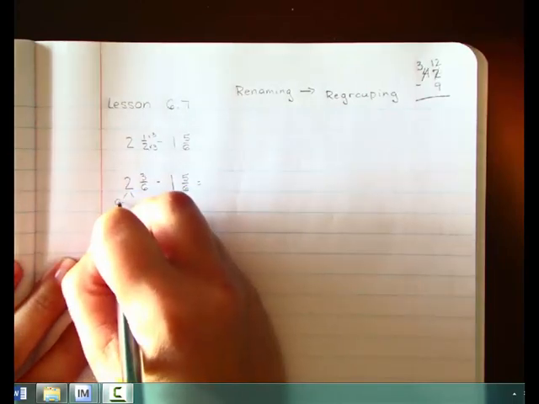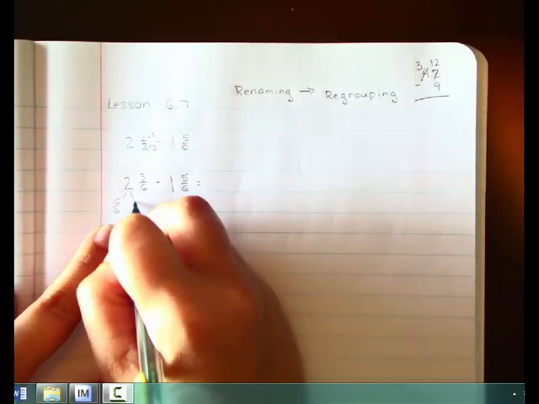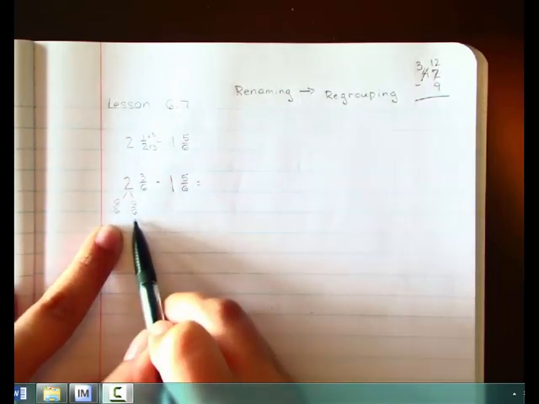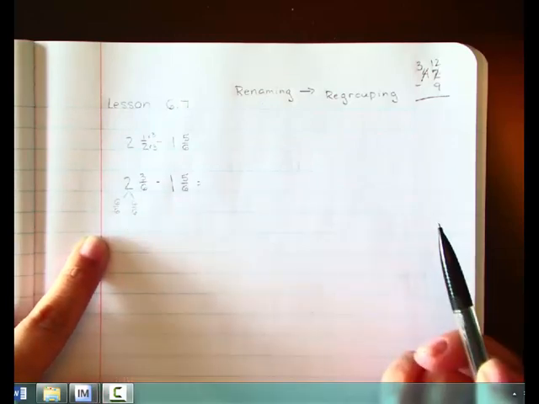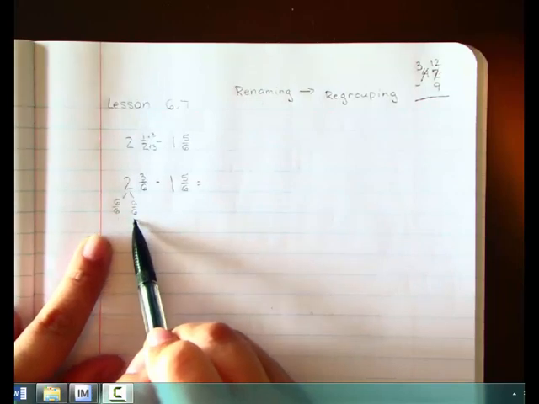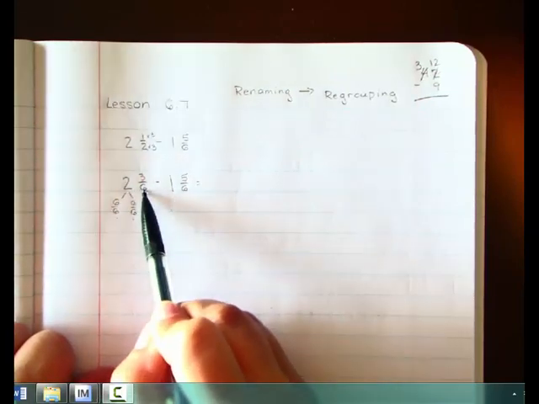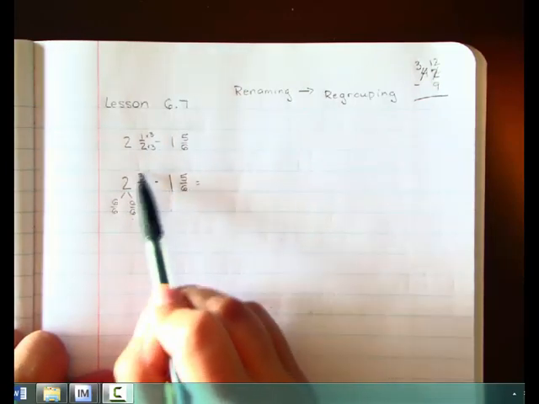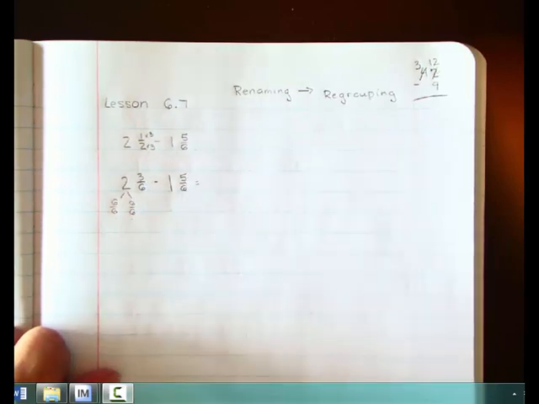If I break down this 2 into fractions, I could have 6/6 here, which is 1, and 6/6 here, which is 1. So 1 and 1 gives me the 2. If I regroup one of these 6/6 and add it to my fraction of 3/6, it will make this numerator larger and I will be able to subtract.